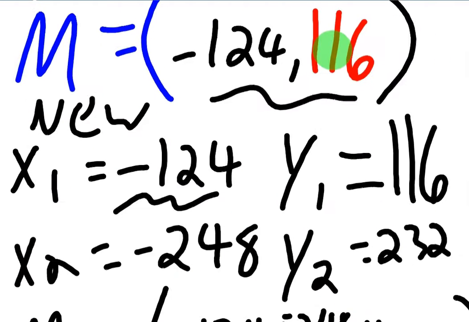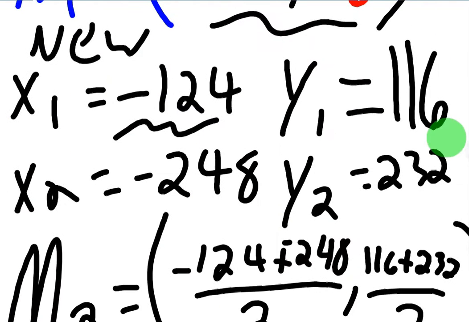So I called that the new midpoint, and we have new x1 and x2. Our new x1 is negative 124. Our x2 is still Reno, because we're finding the midpoint now between Tonopah and Reno. Y1 is 116, the y value of Tonopah. Y2 is the y value of Reno, how far it is from Vegas.